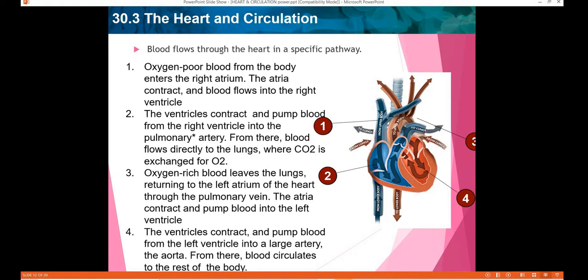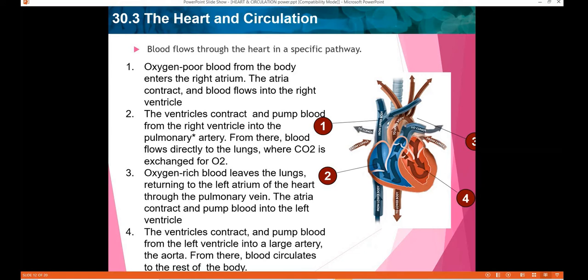That is why in a picture of the circulatory system, arteries are shown in red and veins in blue, signifying that arteries carry oxygen-rich blood and veins carry oxygen-poor blood. But the exception is the pulmonary artery. All the other arteries carry oxygen-rich blood except the pulmonary artery, which carries oxygen-poor blood to the lungs.